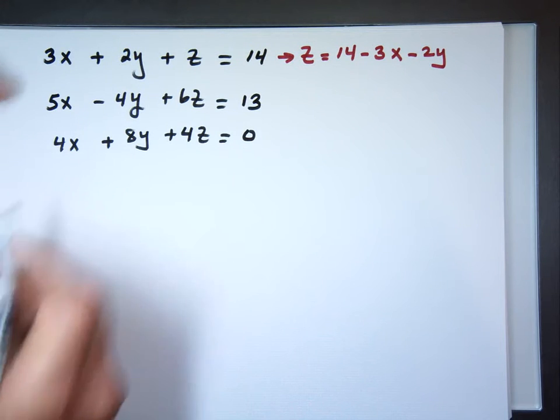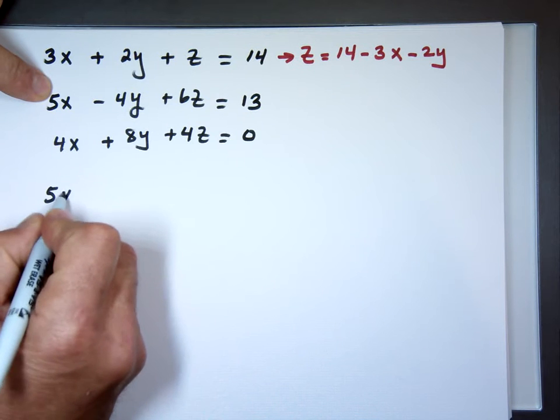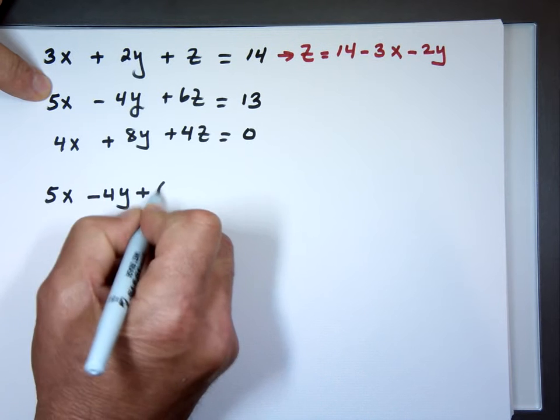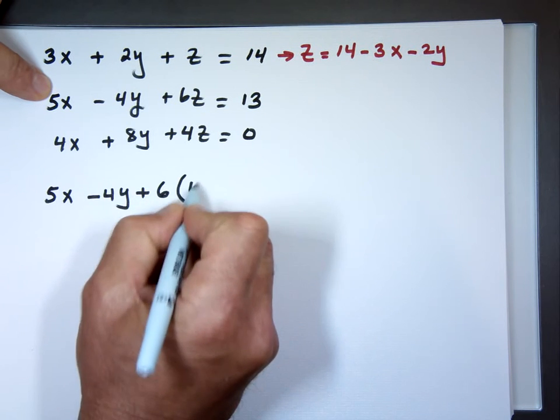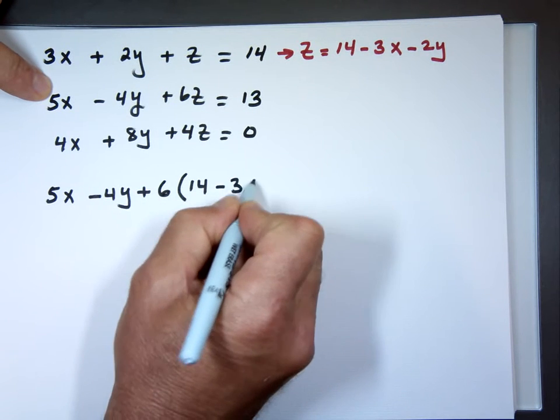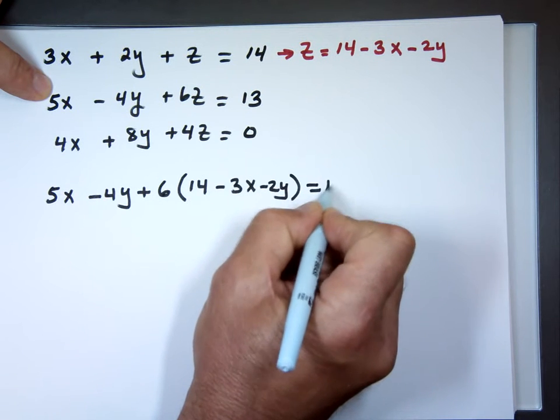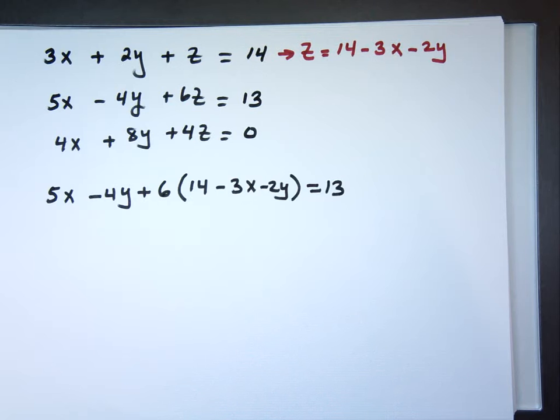Let's take the first one. 5x minus 4y plus 6 times z. Z is what? 14 minus 3x minus 2y. And you want that to equal 13. Clean that one.